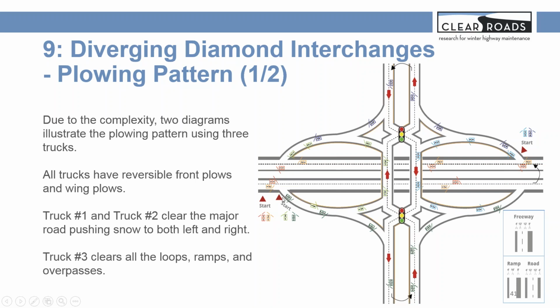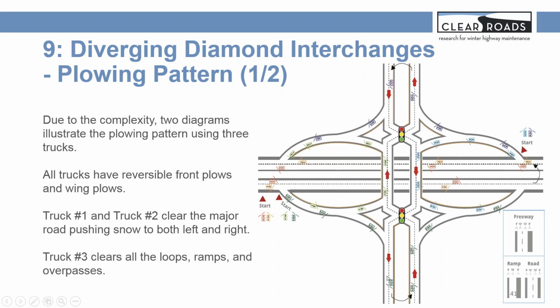And then truck number 3 starts pass number 2, starting from the same point and clears the off-ramp, but this time it uses the right wing and pushes to the right and clears the right shoulder here. And at the split point, truck number 3 turns right and merges onto the minor road.